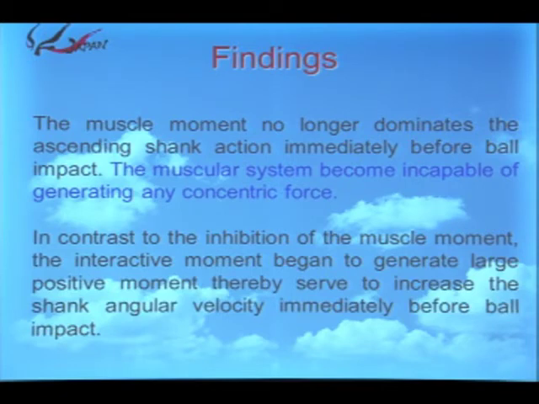It can be speculated that the muscle system became incapable of generating any concentric force during the phase. In contrast to inhibition of the muscle moment, the interaction moment began to generate large positive moment and thereby serves to increase the shank angular velocity just before ball impact.